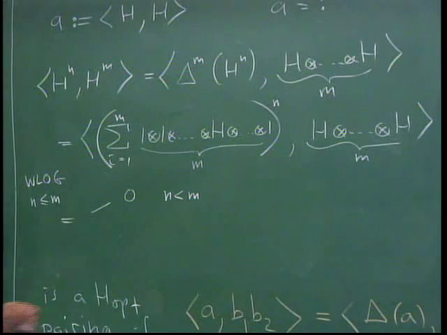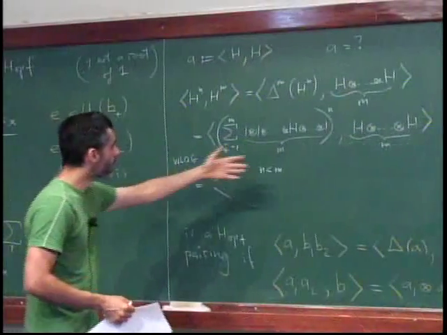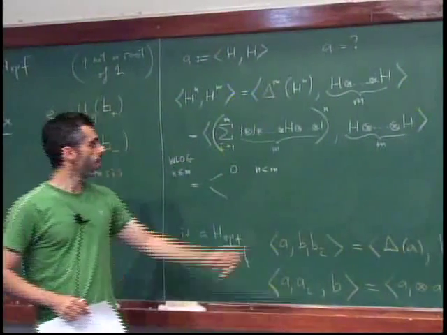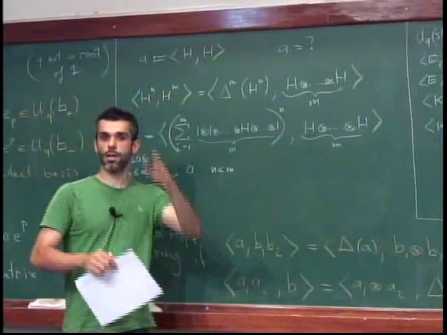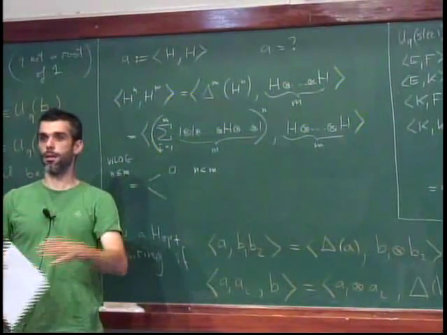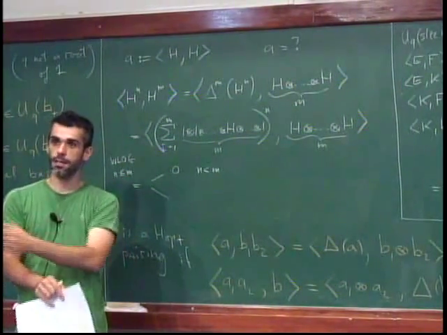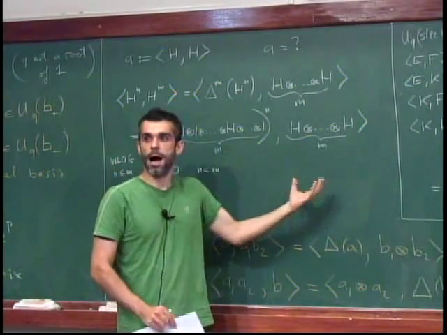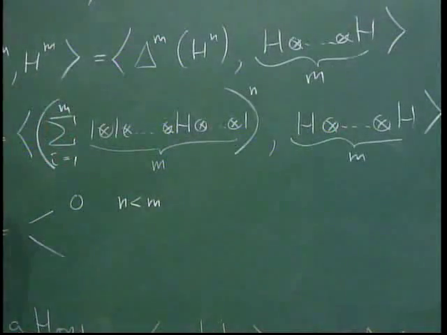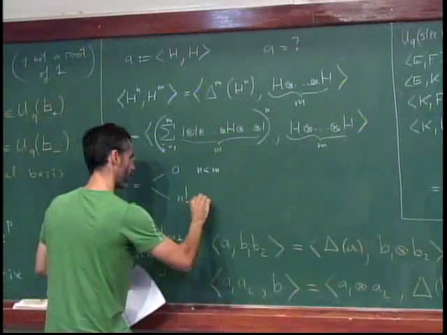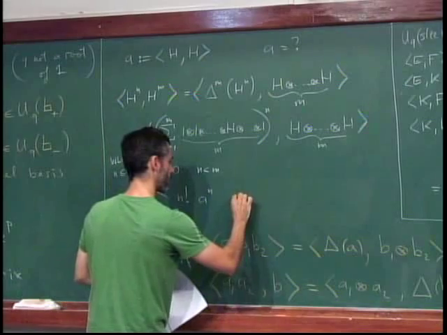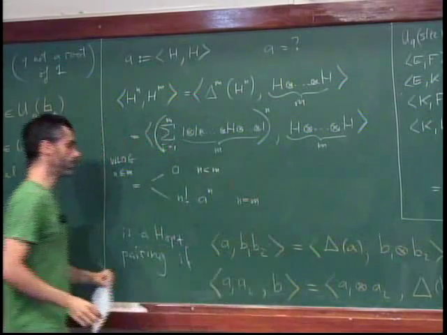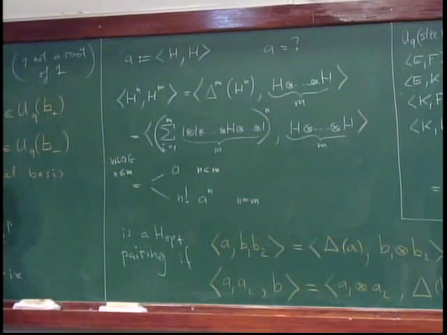If n equals m, then again, you can do the combinatorics. These n copies of h need to come in all the n spots available. They can do that in n factorial ways. And then you have the nth power of h tensor with itself. And you end up with n factorial times a to the n, when n equals m.